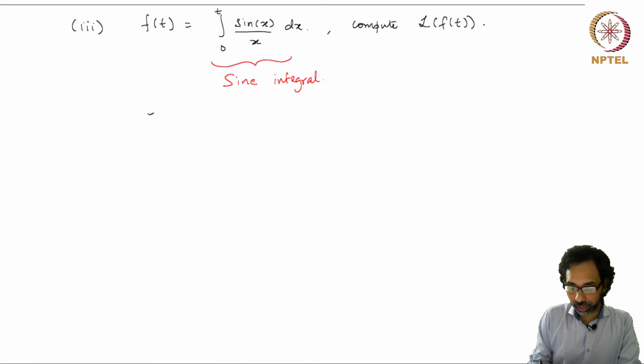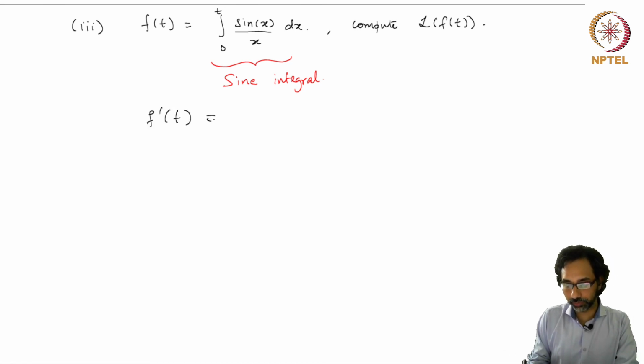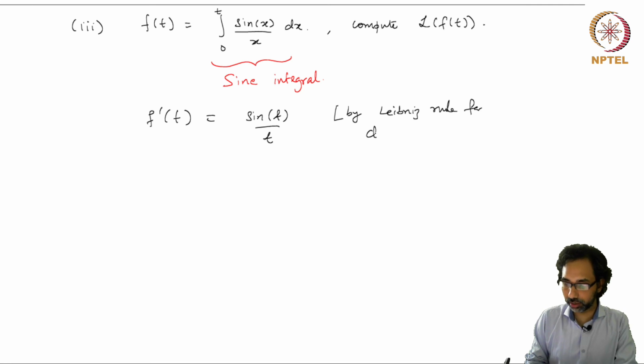We will use the fact that f prime(t) is equal to simply sine t over t. This is by Leibniz rule for differentiating an integral.